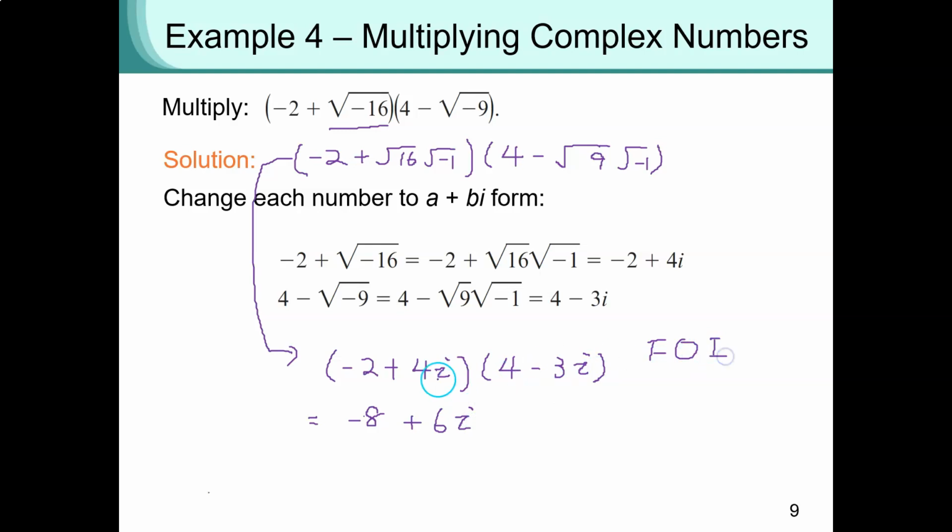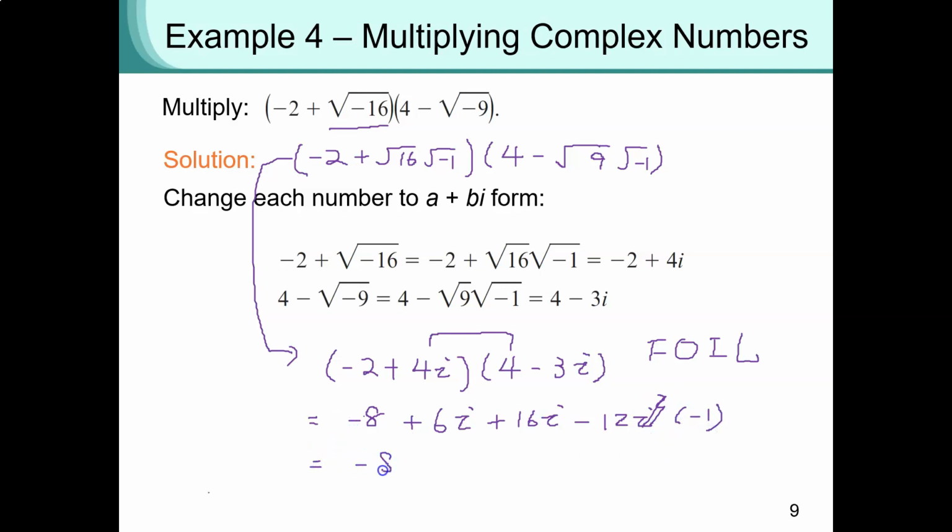The inside two, we have 4i multiplied with 4, so it turns to positive 16i. The last two, we have positive 4i multiplied with negative 3i, so it's negative 12i squared. i squared is negative 1.